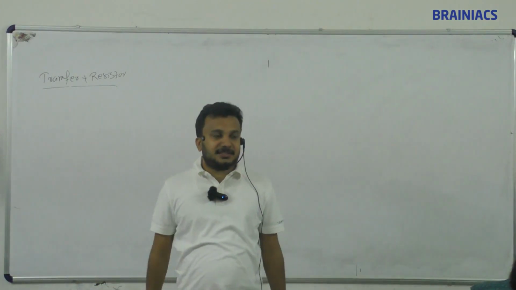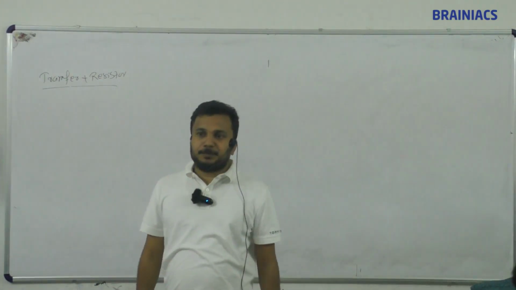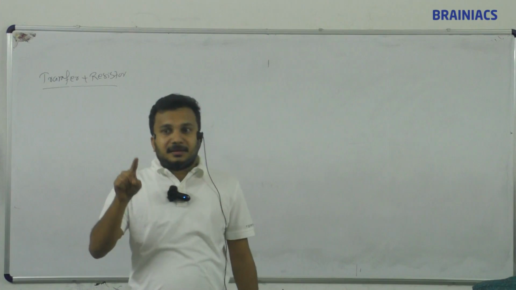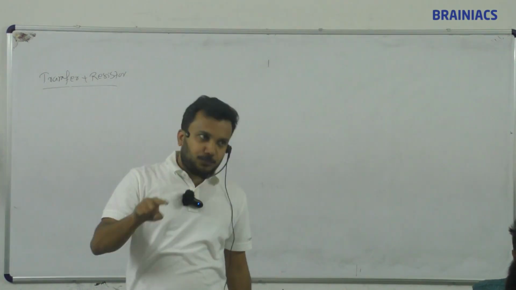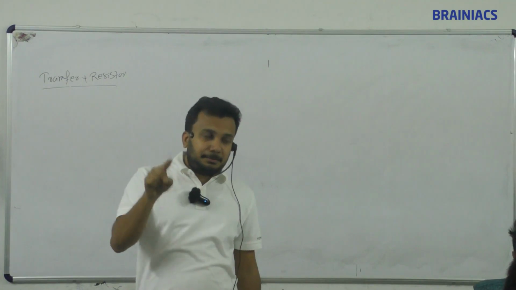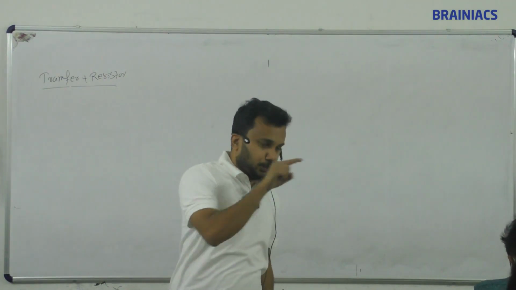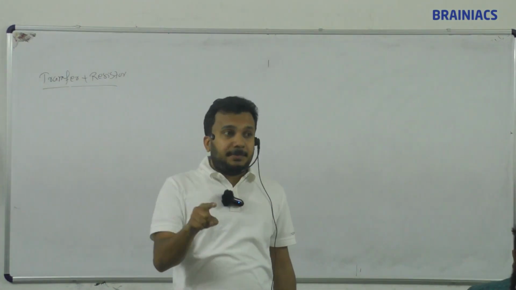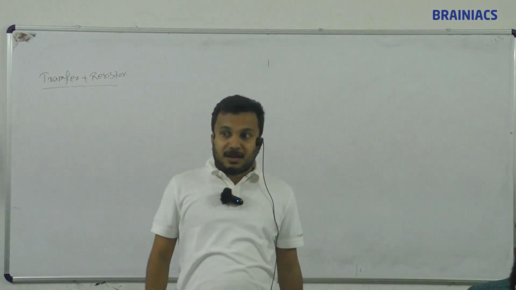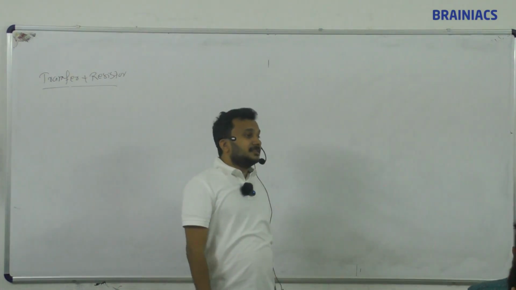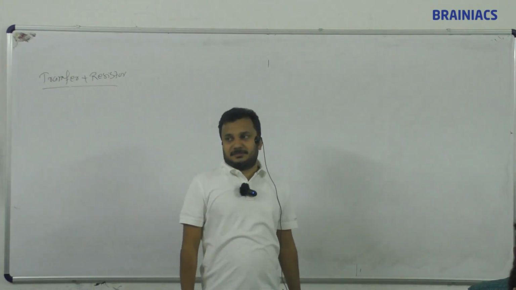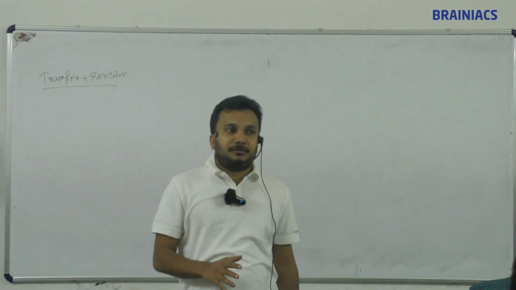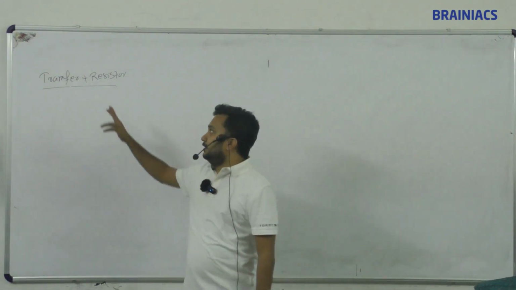Transfer of resistance from low, emitter base junction resistor, to high, collector base junction resistor. You got my point, right? We are transferring the resistance from lower value to a higher value. That is the word called transfer resistance.